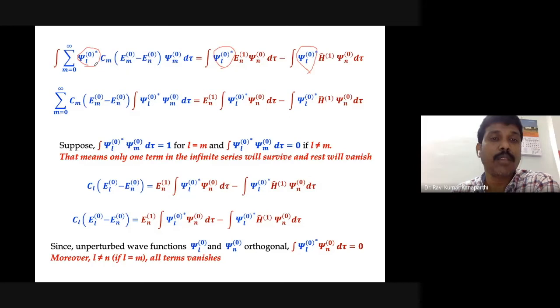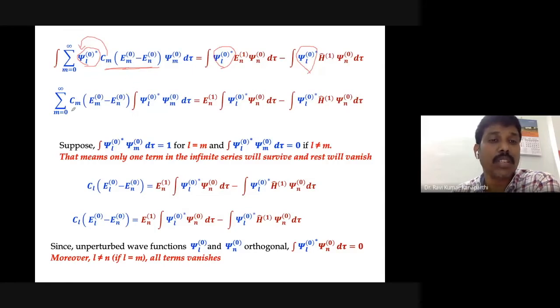Now this particular cm you can move to the other side because it is just a number. Not only that, this entire cm multiplied by Em of 0 minus En of 0 is a constant kind of thing. Therefore you can even take it outside the integral.